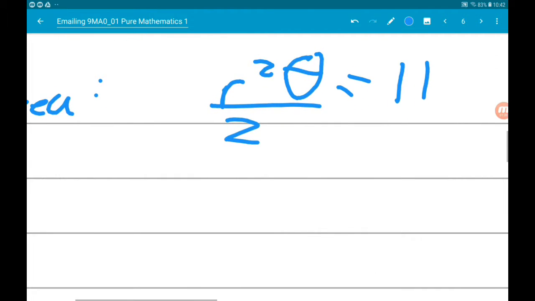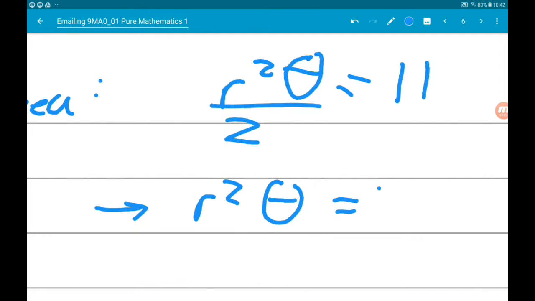From that, we can get that r squared theta is equal to 22. Now what we need to try and do is get another equation or formula involving r and theta.